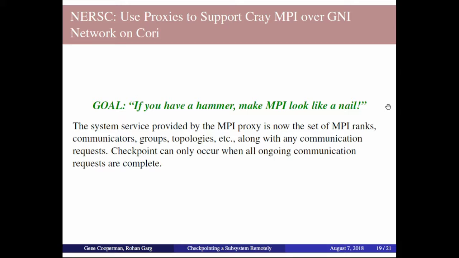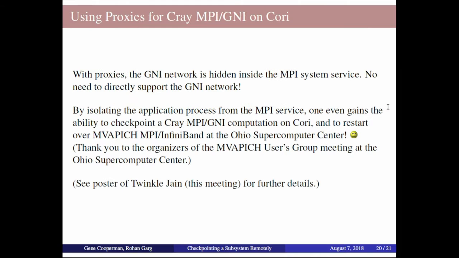And as I said, we weren't eager to do a lot of work just for this one architecture. We wanted to use general principles. So the idea of proxies then is that we're going to look at what are the services provided by MPI. Well, MPI provides us with ranks, communicators, groups, topologies, and so on. Okay, so let's have a proxy manage those services for us.